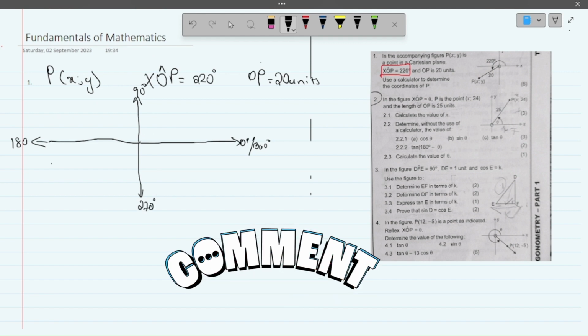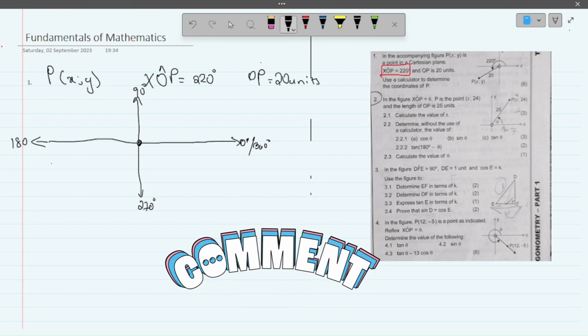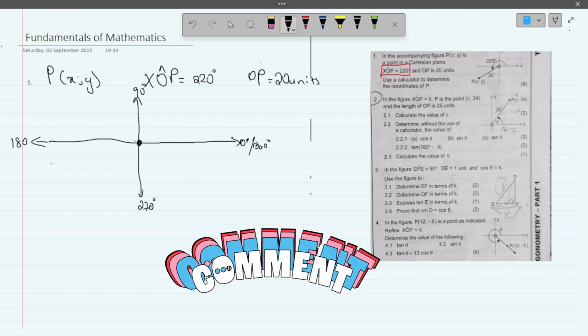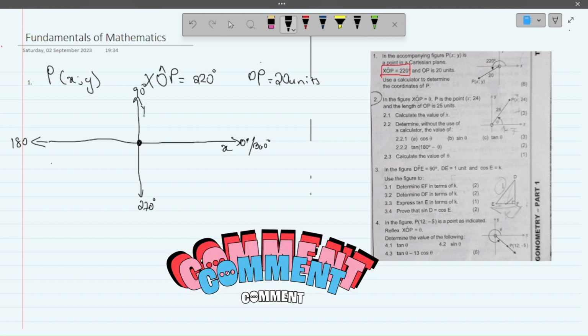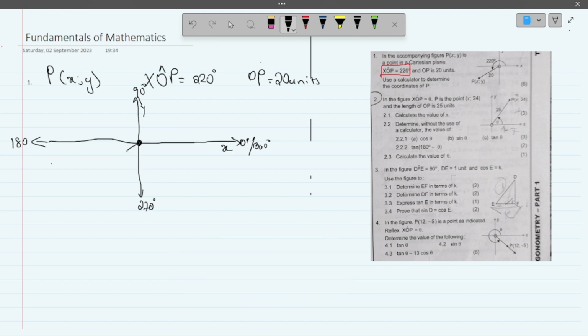This is our point O, this is our x and this is our y. There's a line called OP, and the coordinates of P are represented as x and y.